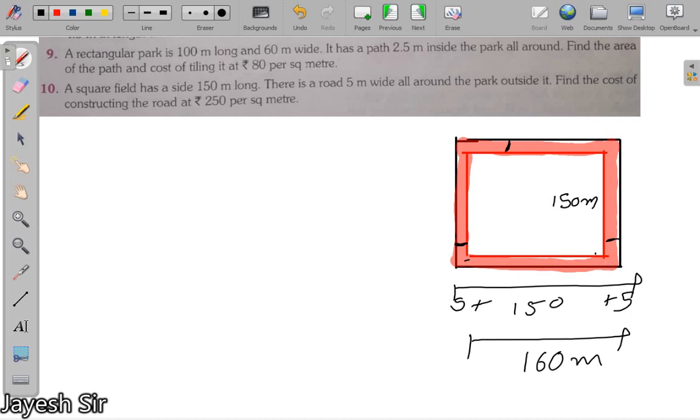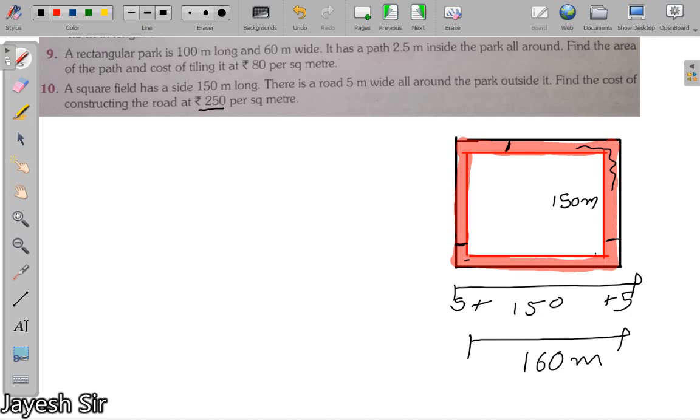We have to determine the cost of constructing the road at rupees 250 per square meter. So first of all, we have to determine this red area, and then we will multiply that area with rupees 250 to find the cost.